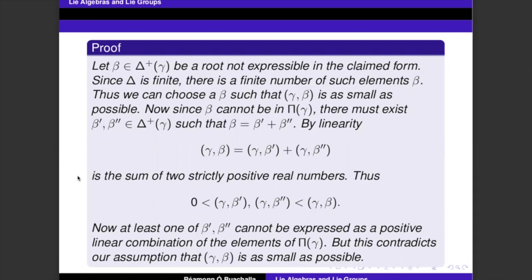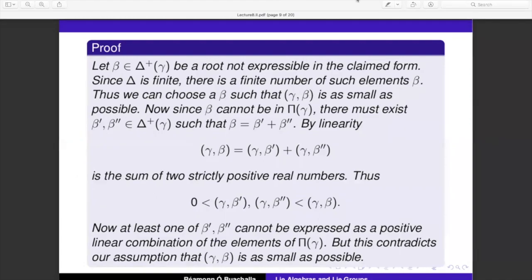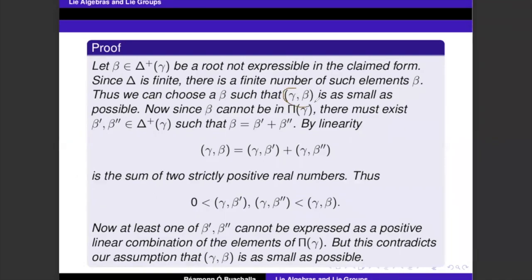That means that if we look at the finite set of all such beta, and then we look at this scalar, this real number, the inner product of gamma with beta, there will be a finite number of these. They have to be positive, remember, because beta is a positive root.